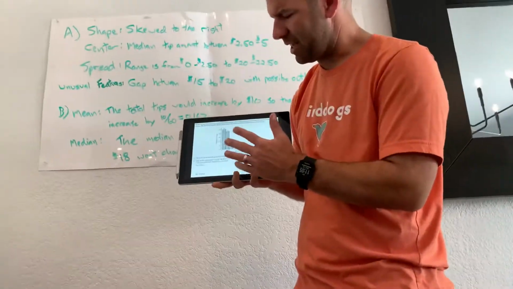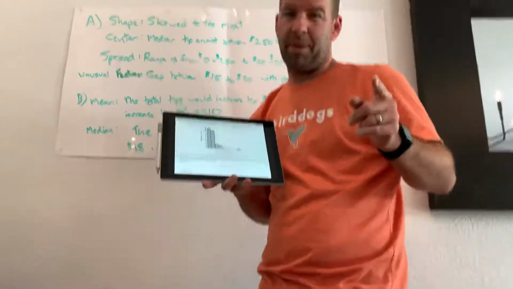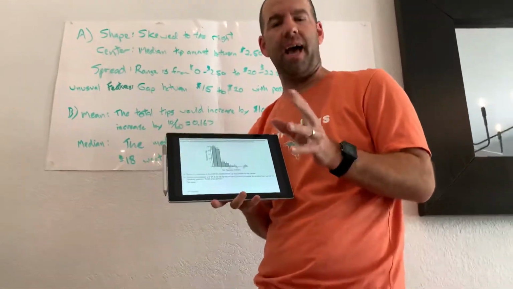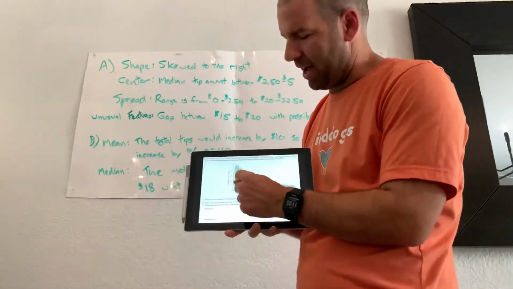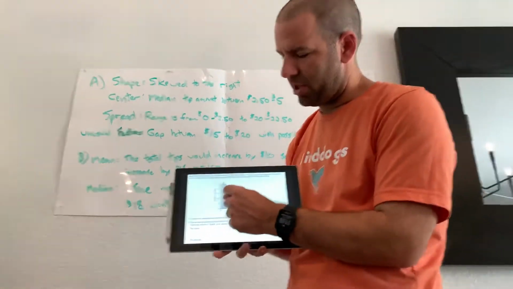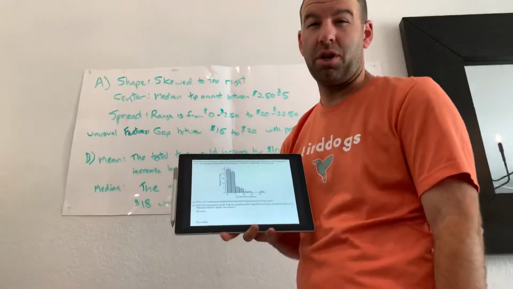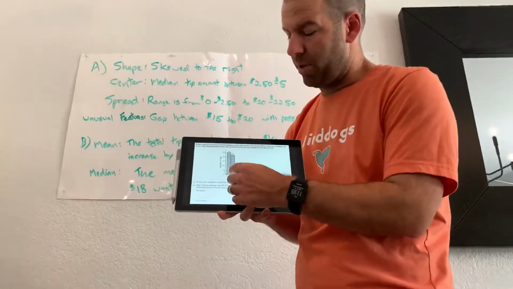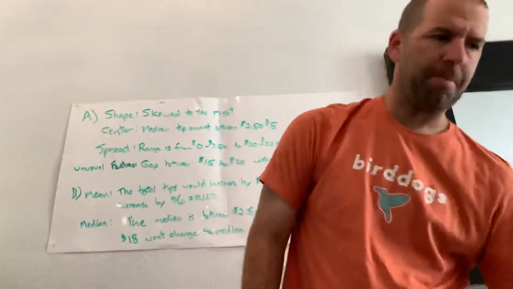There's a total of 60 tips, so 60 plus 1 divided by 2 is 30.5, between 30 and 31. The first 25 are in the first column, so the next one gets me to 30 and 31, between 2.50 and 5. We don't know for sure what it is, we just know it's in that interval.